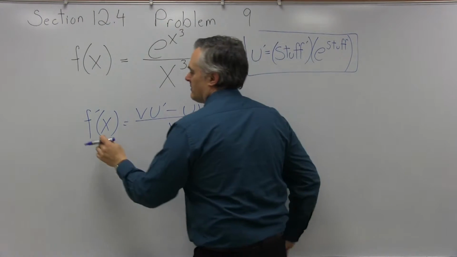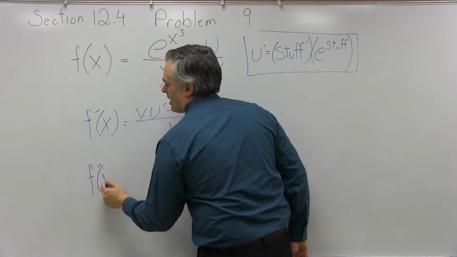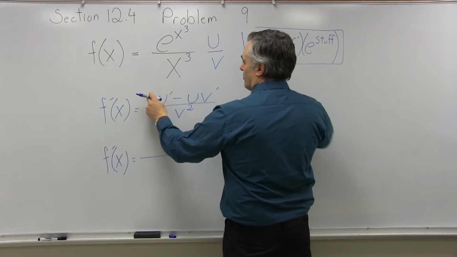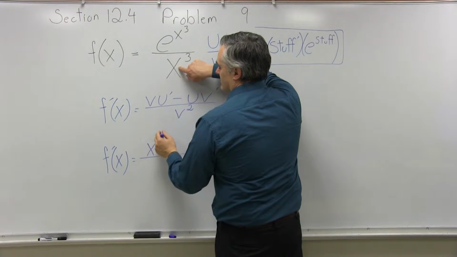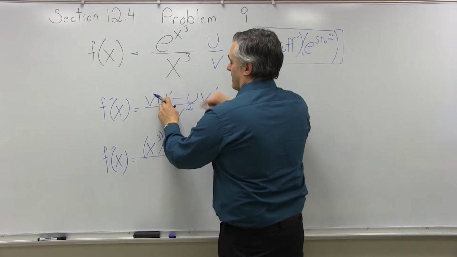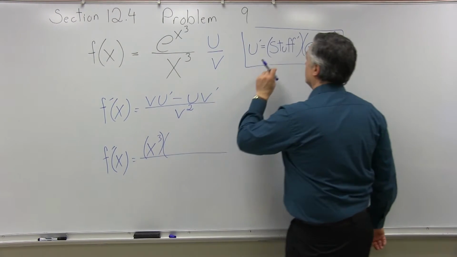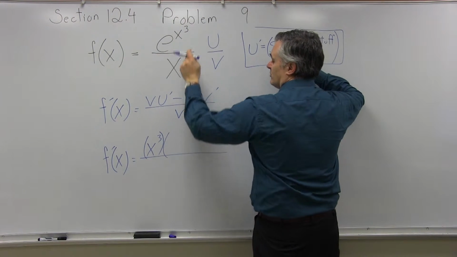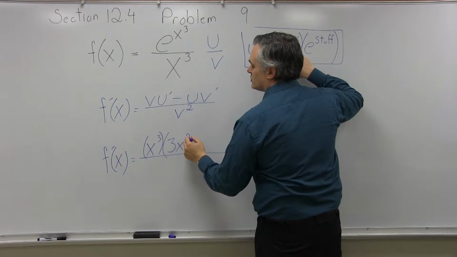So let's start filling in my quotient rule. F prime of x equals, so first v, no prime, just v, the way it is. That's x cubed. Then u prime. So now for u prime, I'm going to fill in stuff prime times e to the stuff. The stuff is x cubed, so stuff prime is 3x squared.